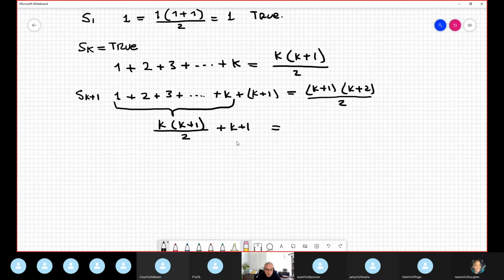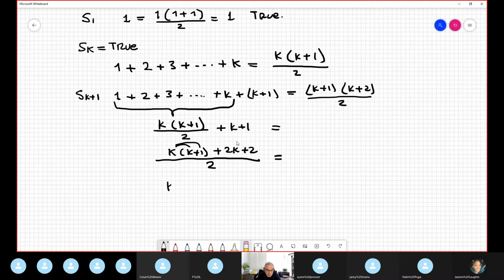Well, so I propose you condense everything in one common denominator, which is 2. So we have k times (k plus 1) plus 2 times this, which is 2k plus 2. For a moment, I manipulate only the left-hand side. Now you distribute the property here.